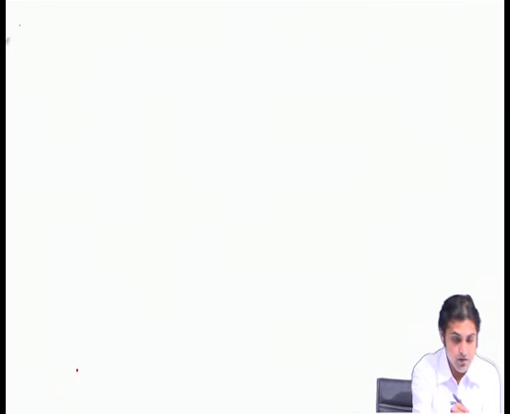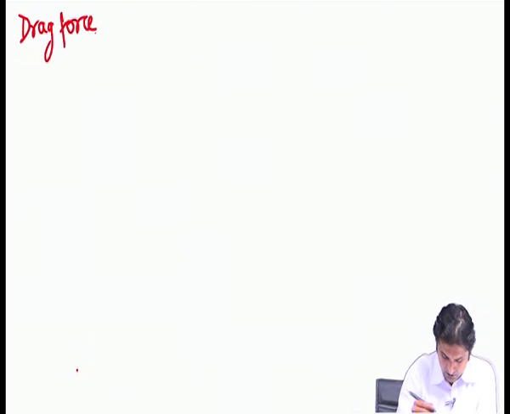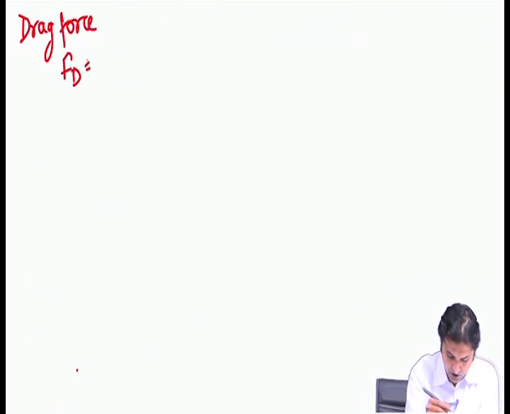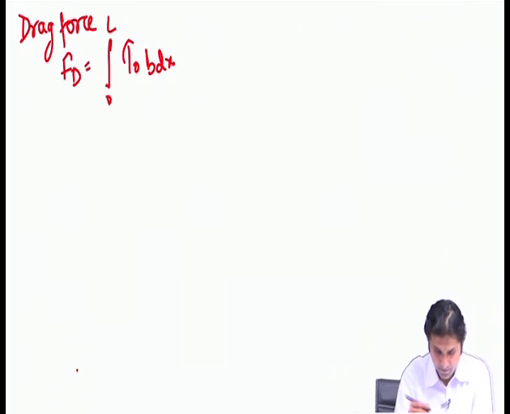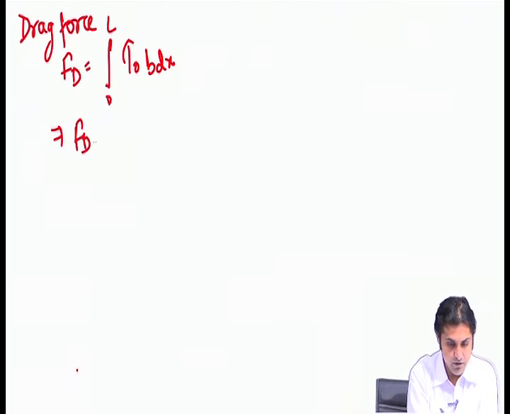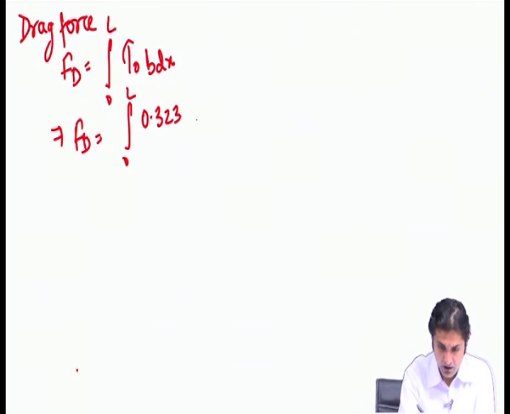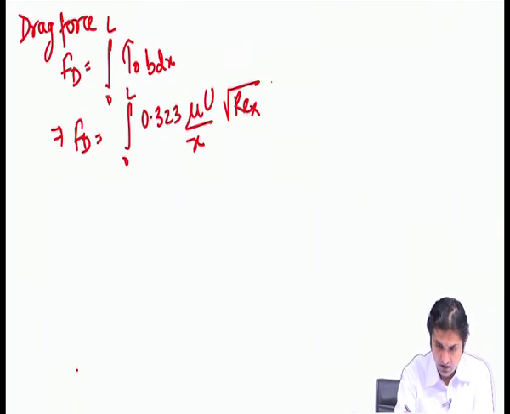All right. So, drag force Fd can be found using integral 0 to L tau naught b dx. This implies drag force Fd is equal to integral 0 to L 0.323 mu U by x under root Rex b dx.